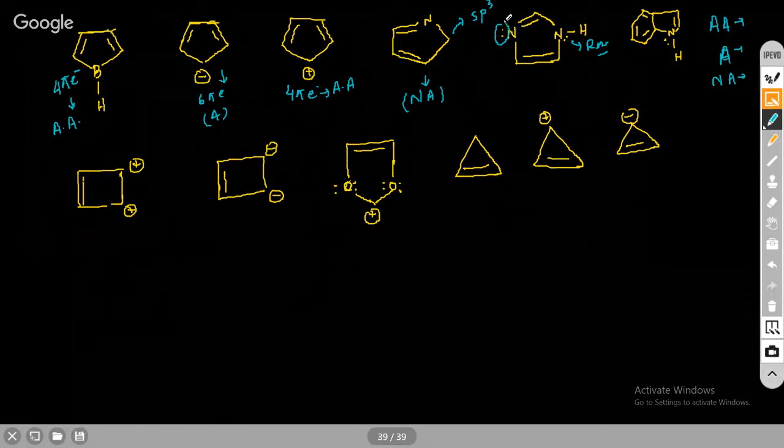But this lone pair is not involved in resonance. Okay, so this also you should know. So 2, 4, 6. It has 6 pi electrons. So it is aromatic. 8 pi electrons you can consider, but since this electron pair is perpendicular to the plane, it is not involved in resonance. This pi electron is involved in resonance. Right, so this is an aromatic compound. Understood?